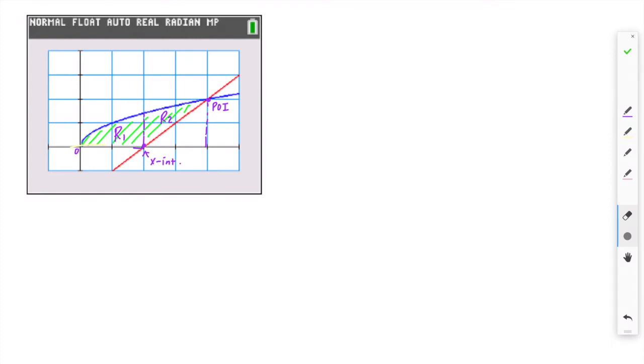So from the graph that we have, we notice that region 1 starts from x equals 0 and ends at the x-intercept of the line y equals x minus 2, which is located at (2, 0). And then the second region R2 starts at 2 and ends at the point of intersection between the two functions at x equals 4.